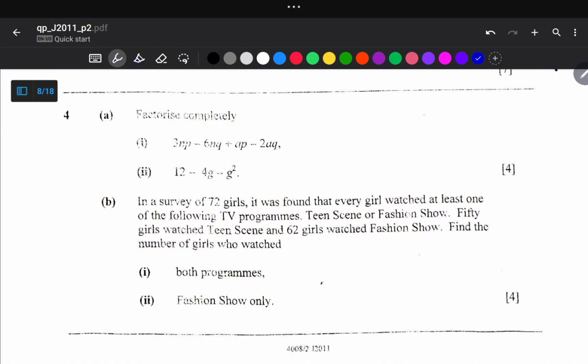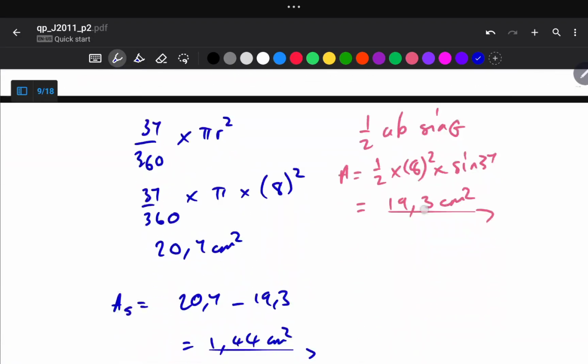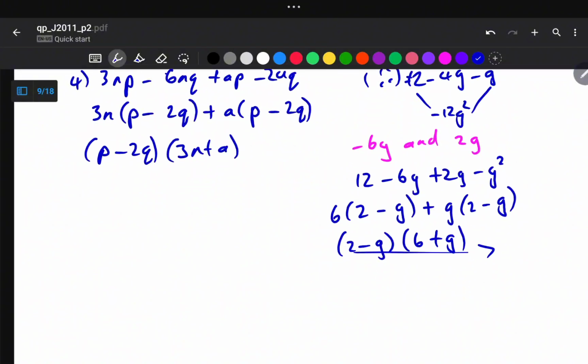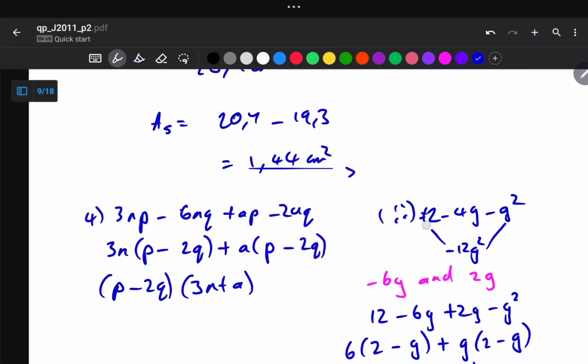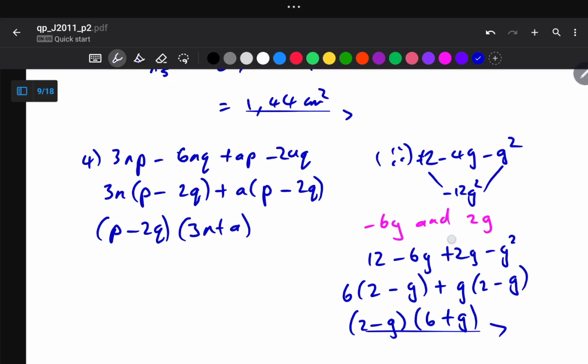Okay, so for us to answer this, we are going to draw our Venn diagram showing those who watched the teen scene and those who watched the fashion show.